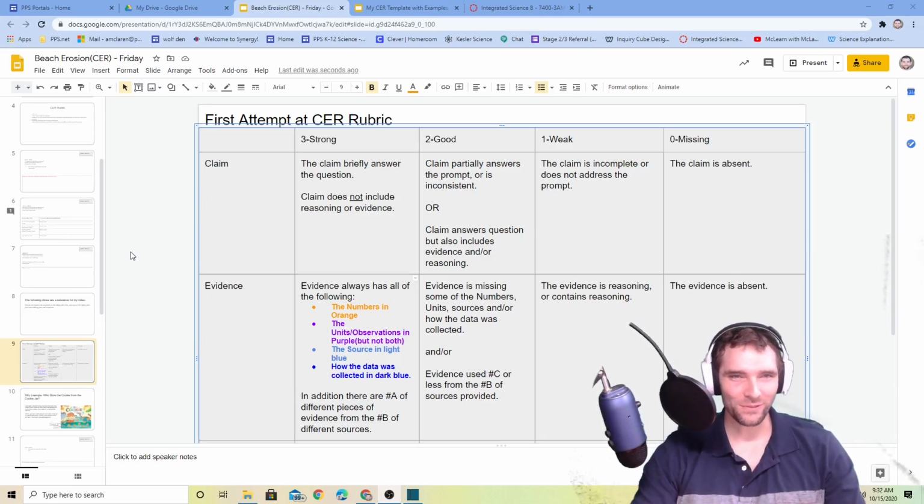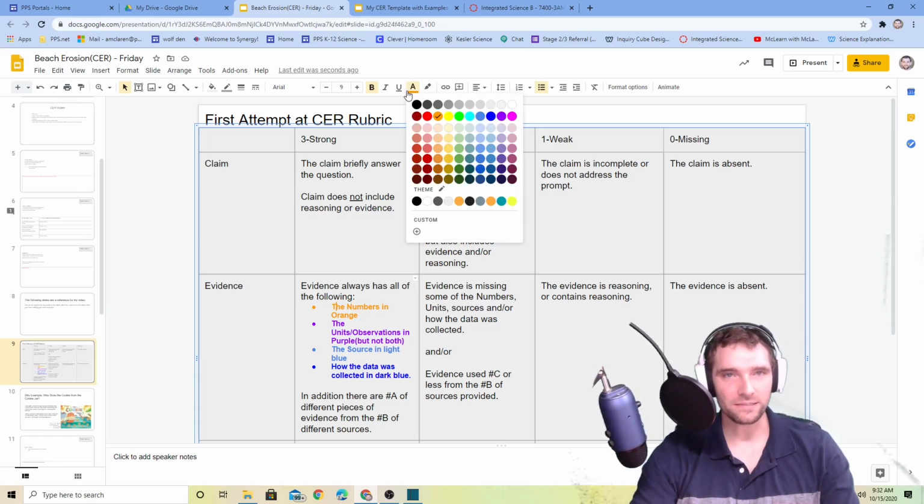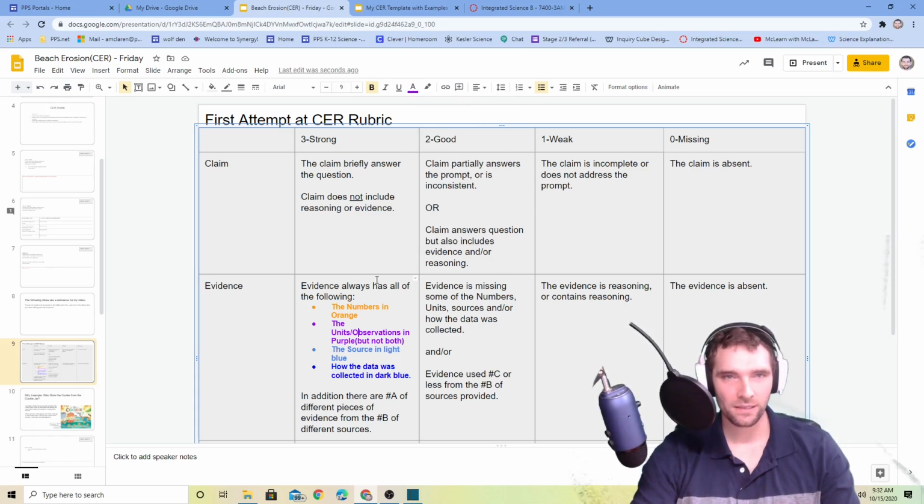Okay, so after the video, I just realized that A, it's a half hour video, and B, I did not go over explicitly how to do these color changes in your text. So this is orange right here. If you go up to the text color, if you have selected any of these, it changes that color, and you can highlight some text. So I'm clicking and dragging over that. You can also click there, hold down shift, and then use the right arrow or left arrow to highlight some stuff.